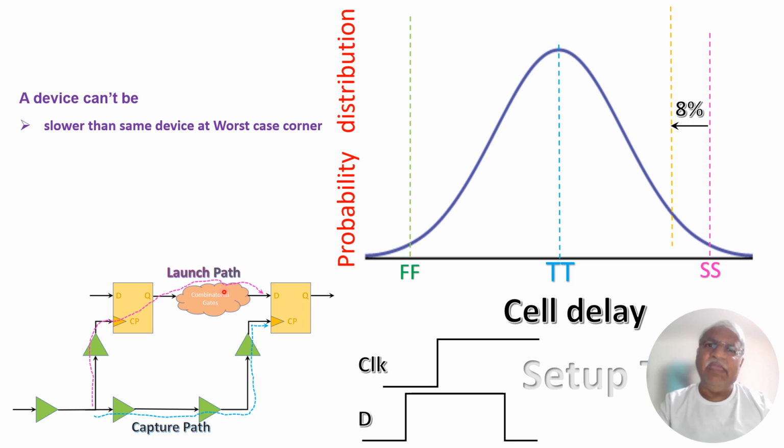If we make these delays smaller than these ones, which is possible, then we are thinking that these devices have faster delay than the largest one. That is what we are considering.